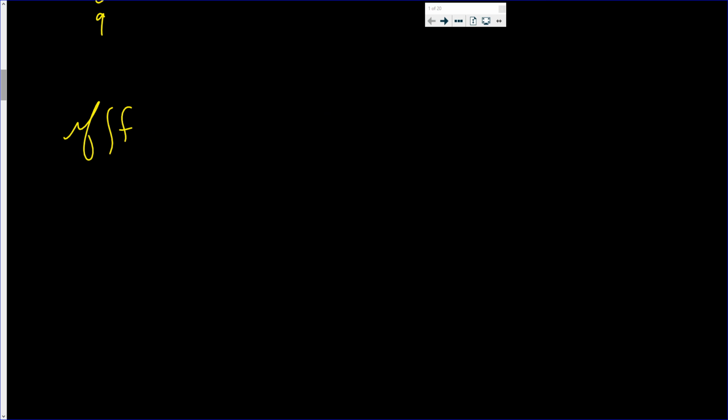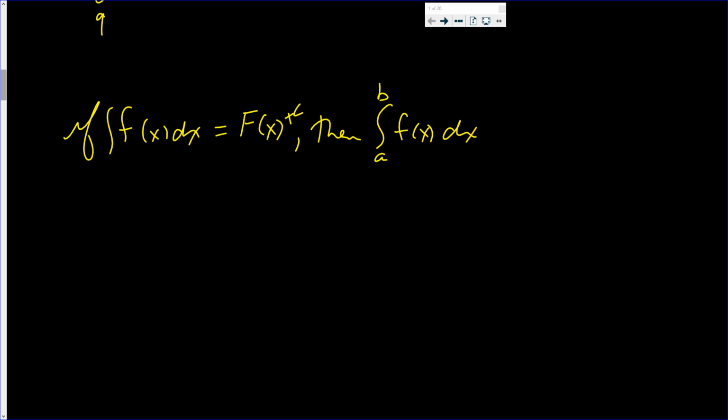suppose that the integral of f of x dx is equal to another function, big F of x, plus c. Then the definite integral from a to b of f of x dx is just F of the upper limit minus F of the lower limit. And you may say, wait, what happened to the plus c?